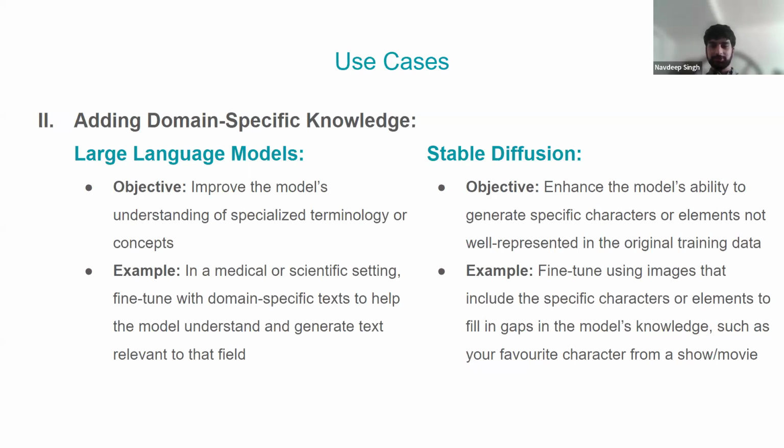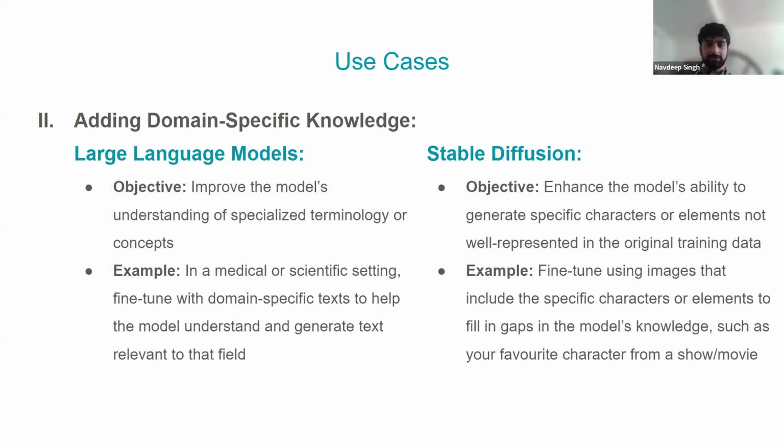And the same with Stable Diffusion. Let's say you ask it to generate a picture of Spider-Man and it gives you back a spider wearing jeans. That's probably not what you were looking for, right? So you can do the same thing. You can go and scavenge for prompts with the word Spider-Man, get a bunch of images that correlate to these prompts and train, and just fill in the domain gap, fill in those weights with this extra information that wasn't already there.